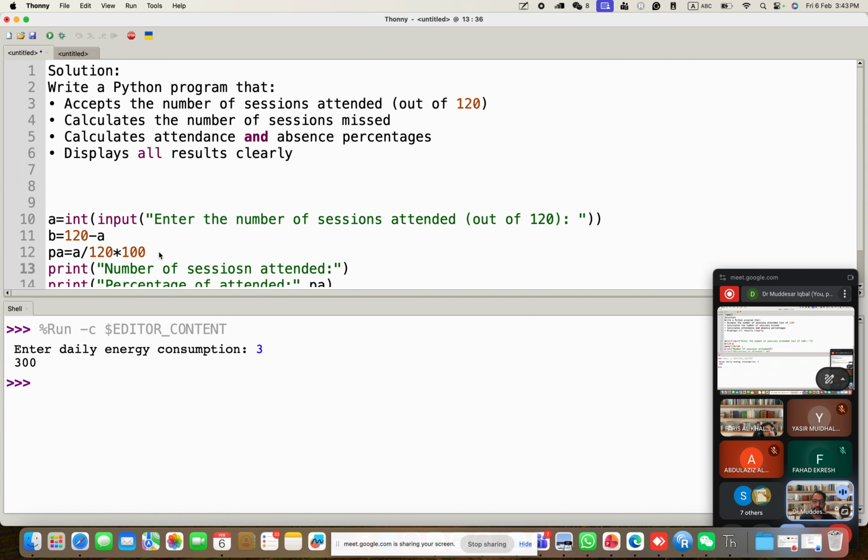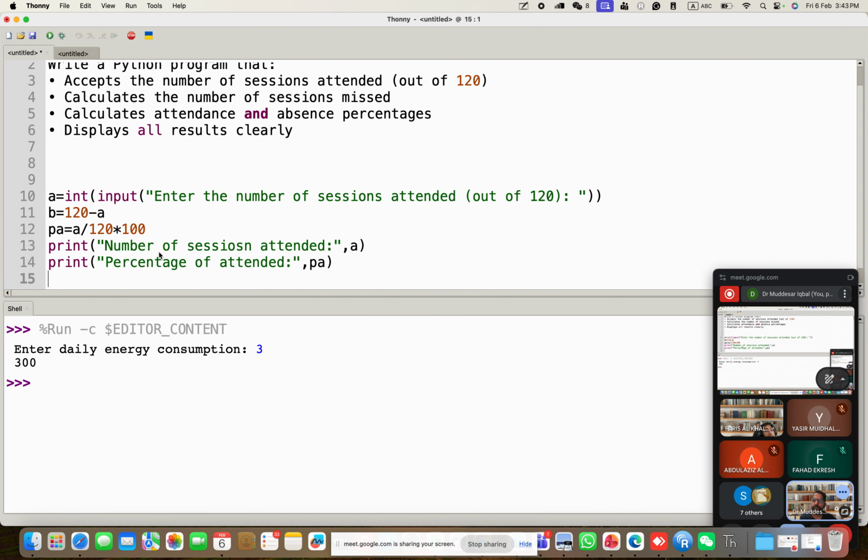Which one is that? A, right? A is the number of sessions attended, and the percentage of attended is PA, right? And then similarly you can calculate the percentage of missed, PB, right? Percentage of B. So that would be B divided by 120 multiplied by 100.